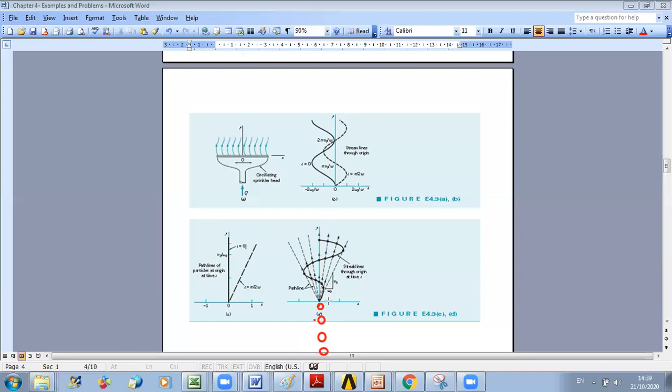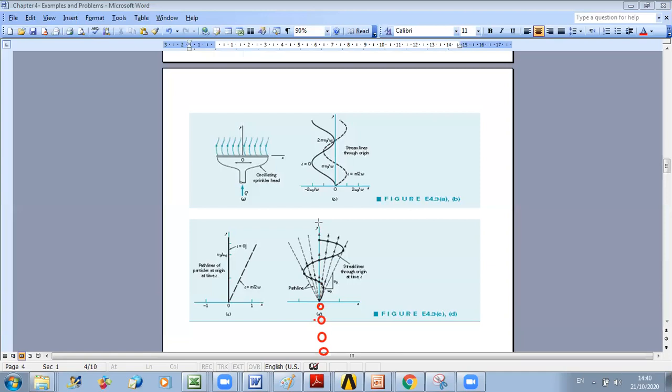So imagine that, for example, the first particle was injected at the origin at t equals 0. After this you injected another particle at a different time, etc. The particle that you injected at t equals 0 will follow the line on the y-axis.